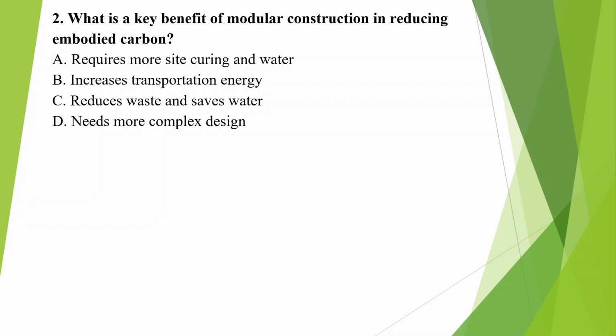If you're doing modular construction, then it will obviously be doing prefabrication in a controlled environment. So this is the correct answer for this question, that reduces the waste and saves the water.